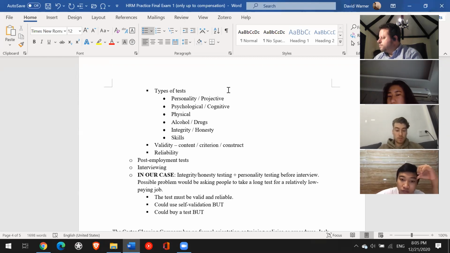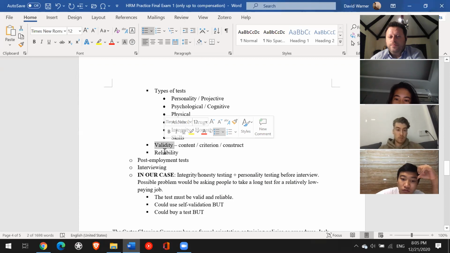Analyze the job. Well, certainly you need to do that. There's no question you need a job analysis first, but with self-validation, validity tells us, does this test measure what it's supposed to measure?